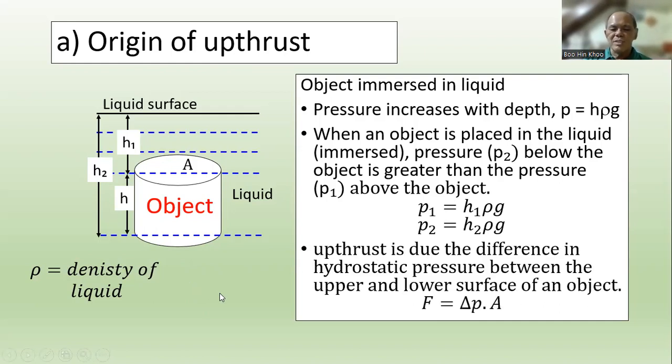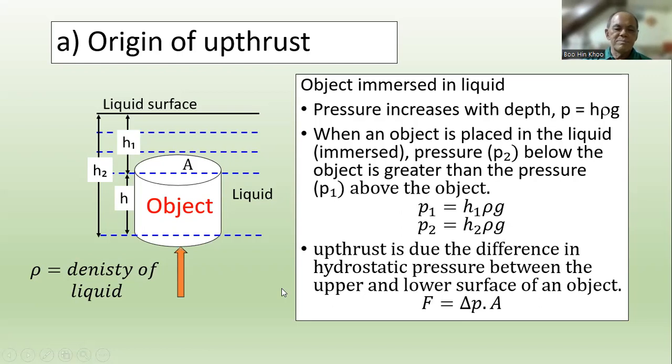Upthrust is due to the difference in hydrostatic pressure between the upper and lower surface. There's a difference in pressure, P2 minus P1, times our area. That's our definition for pressure, F over A. We just take the A across.